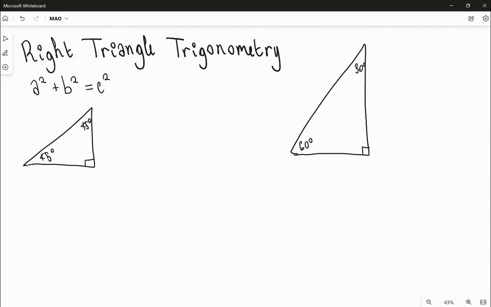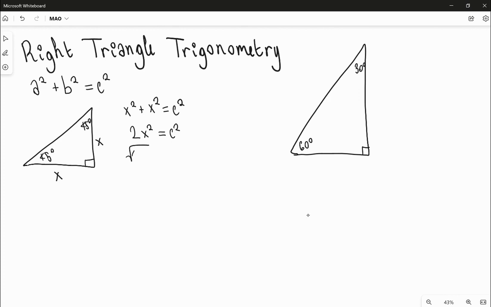When we have two angle measures that are equal, the sides are going to be equal, so we can just set this as x. If you were solving for that, a is x, so x squared plus b, which is x squared, is equal to c squared. If we were solving for c, the hypotenuse, x squared plus x squared is 2x squared, equal to c squared.